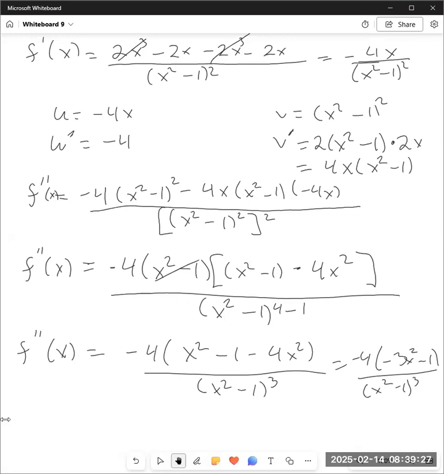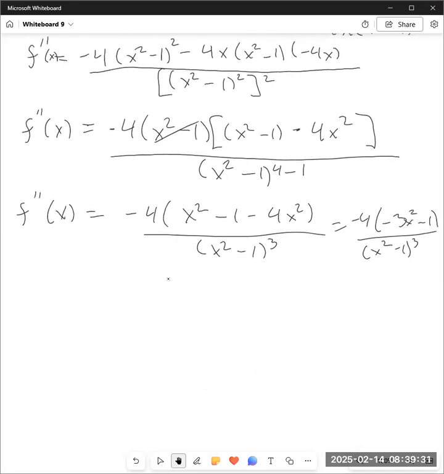I'm going to take that negative 1 out of that factor in the top to get f double prime of x is equal to 4 times 3x squared plus 1 over x squared minus 1 quantity cubed.